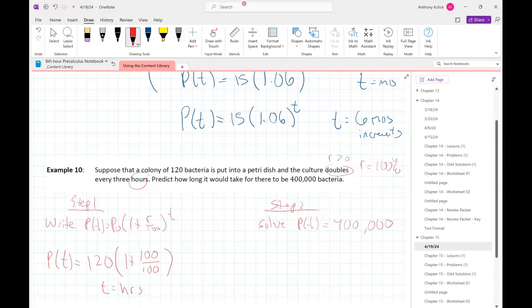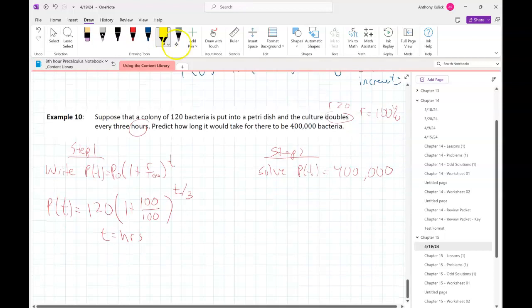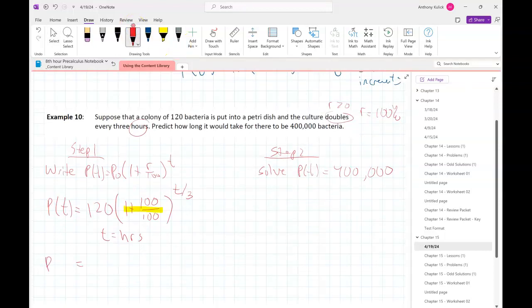How much doubling gets done in 1 hour? 1/3 of it. So I'm going to do this as t over 3. Everybody's good? Okay. So now I'm just going to plug this. Oh, FYI, what is 1 plus 100 over 100? 2, right? There's the double.